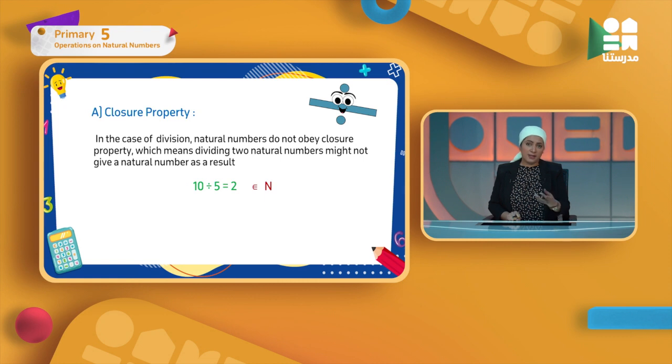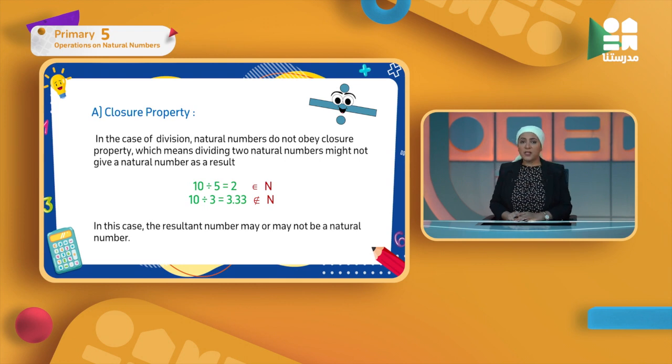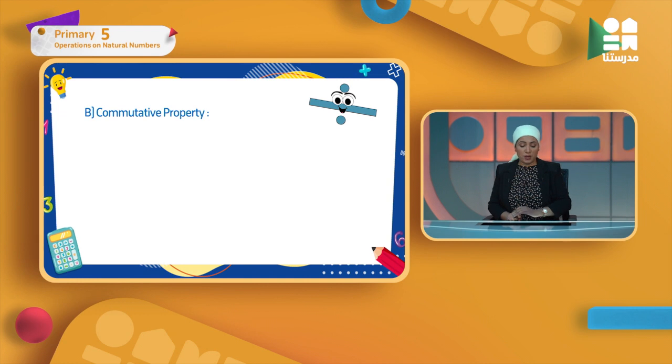It means that 10 is in table 5 and it is the bigger number on top. So it gave us a natural number. 10 divided by 3, the answer is 3.333, whatever, it's infinite. So it does not belong to N because the answer is a decimal number. In this case, the resultant may or may not be a natural number.